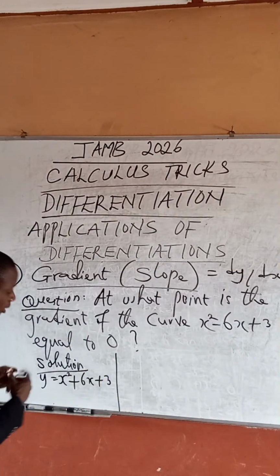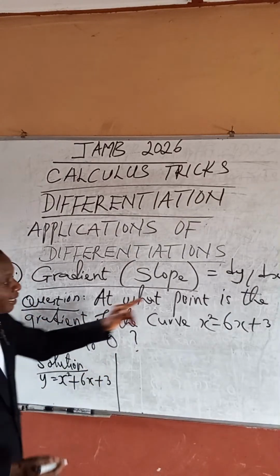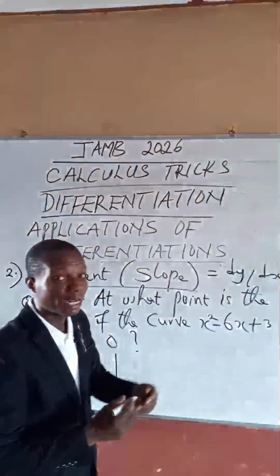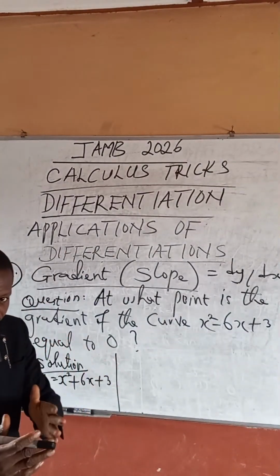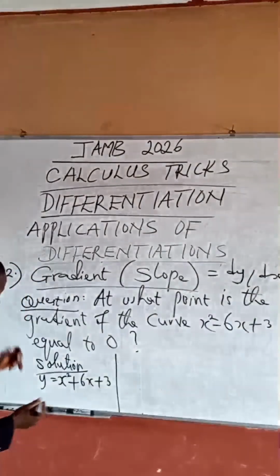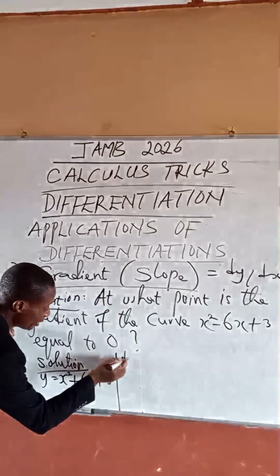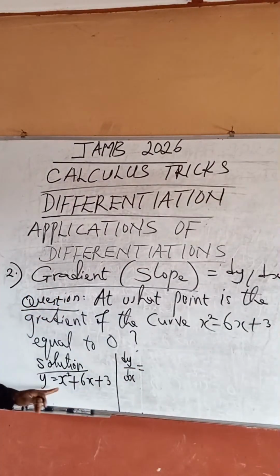Now, the question is, what is dy dx? You must find dy dx. Remember, gradient is change in y over change in x. So that is dy dx. Don't forget that. So let's find dy dx. Differentiate this function.